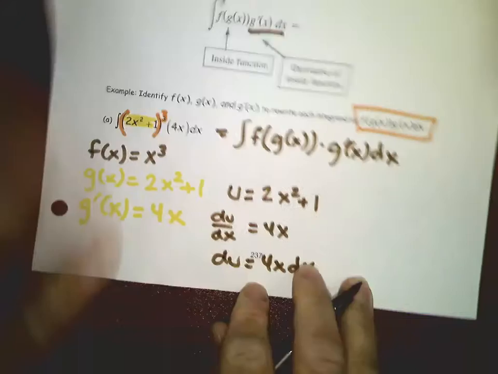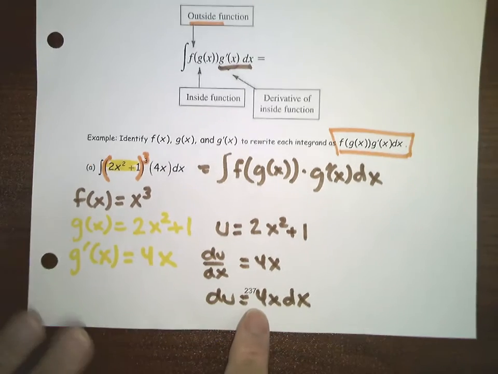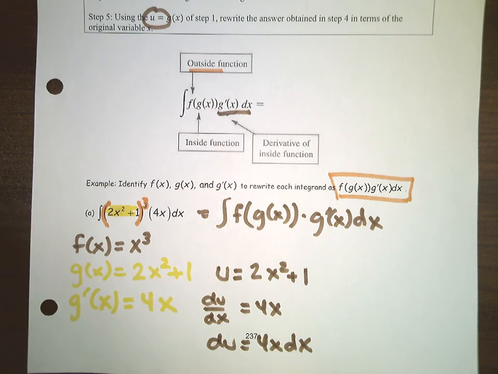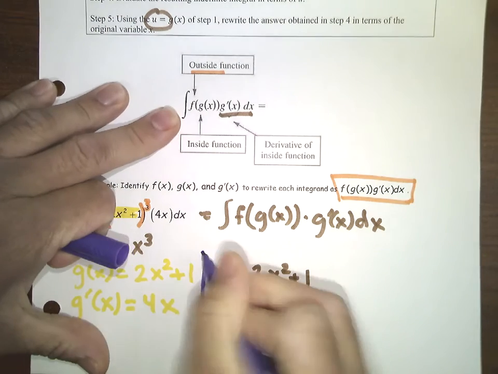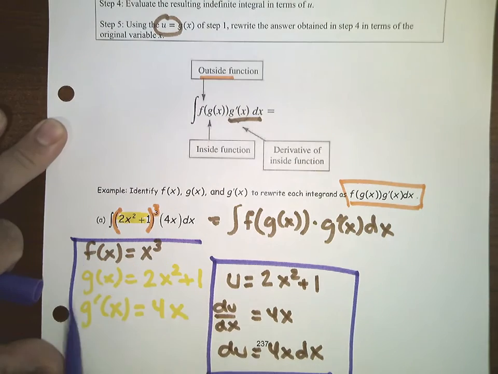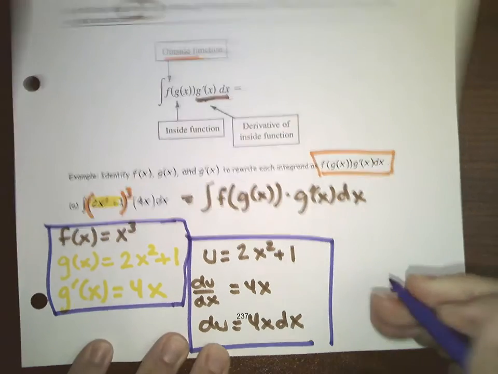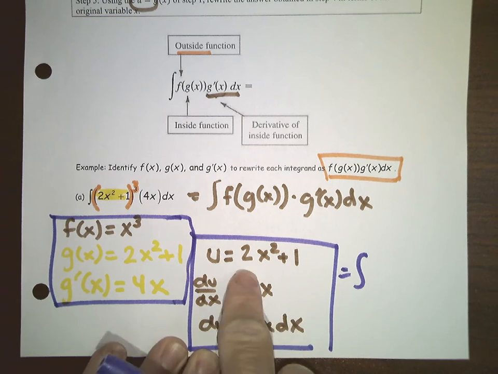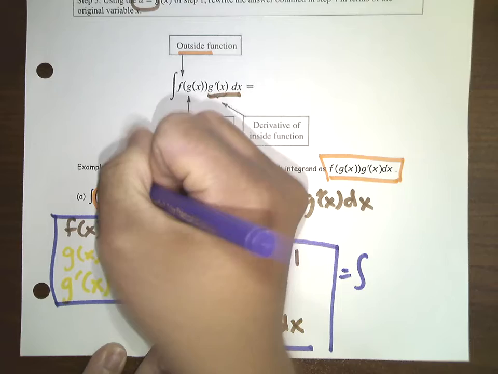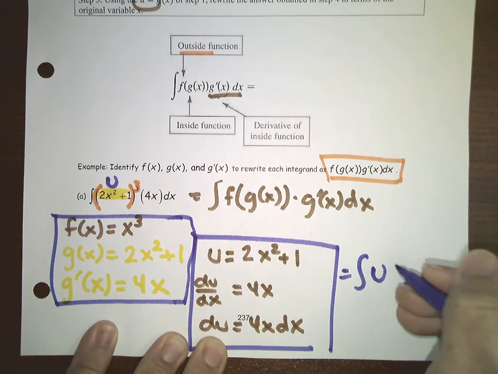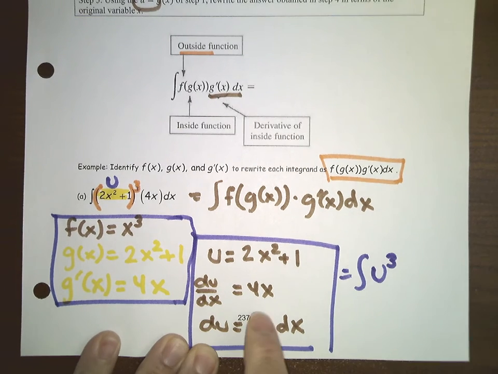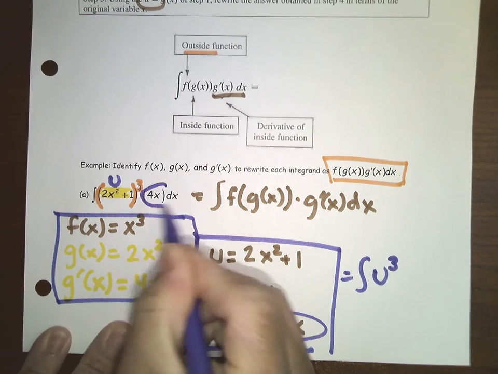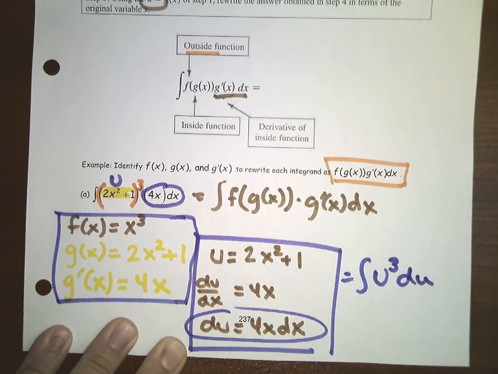Using this notation instead of f of x and g of x, I can rewrite the integral as u to the third power, and 4x dx was just du.